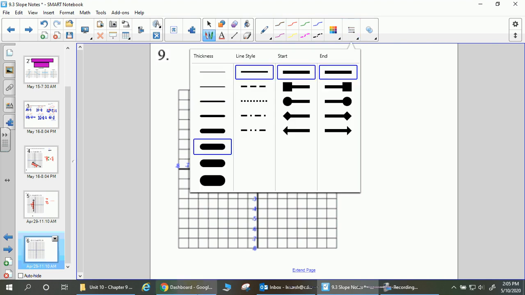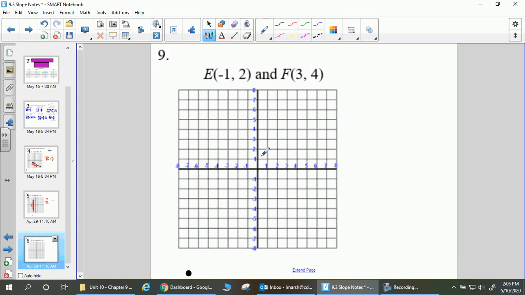So let me get my points. So -1, +2 is here. +3 on the X, +4 on the Y is here. We're going to get our line through here, and I can clean this up a little bit.